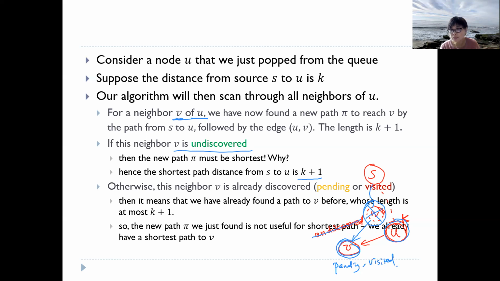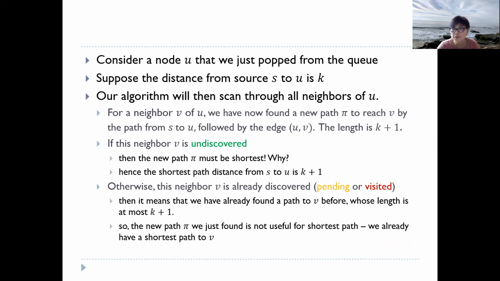Because that means V must have been found through some other node, and since we already explored that node, that distance can be at most K. So the length to V is at most K plus 1, okay? That means that we didn't find any new way to reach V, so we do nothing to V, okay? So we only change the shortest path status when we discover a node V which is still undiscovered, okay?